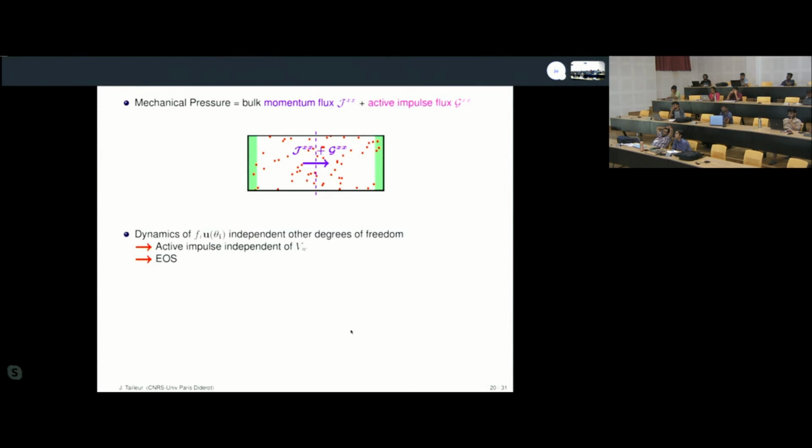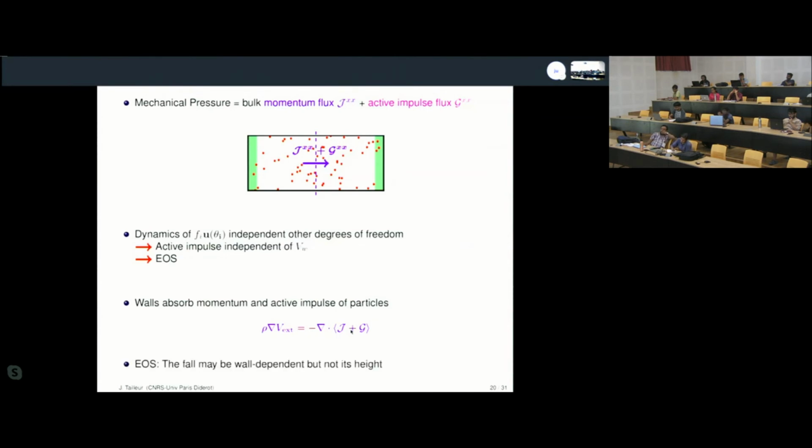So the take-home message from this part is that when the dynamics of the active force is independent of other degrees of freedom, the active impulse becomes independent of the confining potential, and that gives you an equation of state. The wall has to absorb both the momentum and the active impulse of the particles. So when you don't have an external force, you get just that 0 is minus divergence of J plus G, which is this effective conservation law that I was talking about.